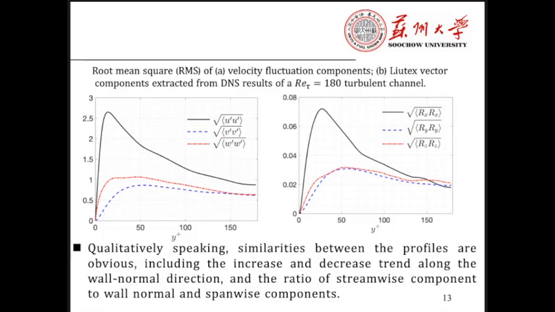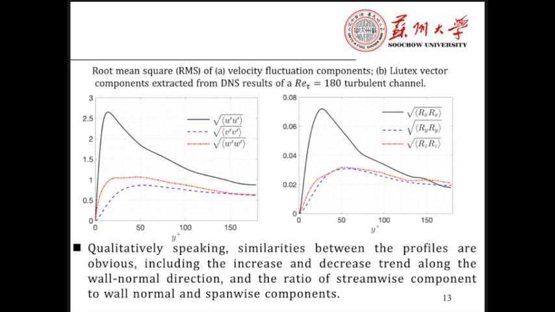And on the right, we have the statistics of the vorticity vector. As vorticity is a vector, it has three components, so we can also do these second-order statistics. It should be mentioned we have used the full vorticity components, not the fluctuating part.